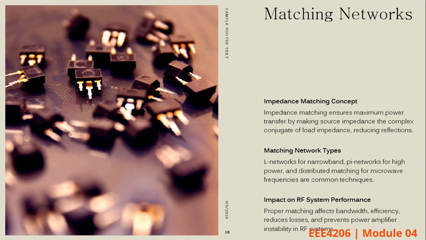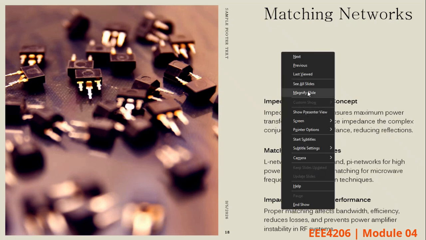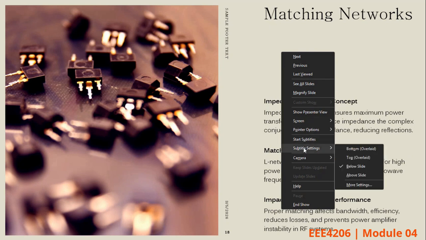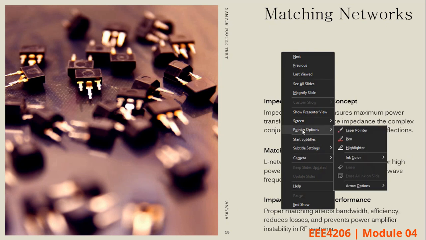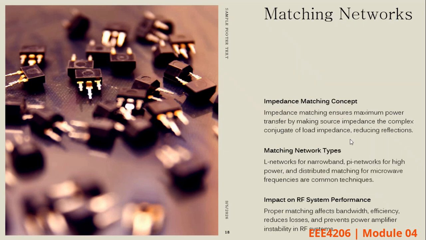Let me see if I can get a pen and show you. You need that complex conjugate. Let me see where is the pointer. I have the pen. Yeah, so for example, I'll show you how you do that. If you have the source impedance, I can say this is the source. I'll give you a technique for how you can determine it.